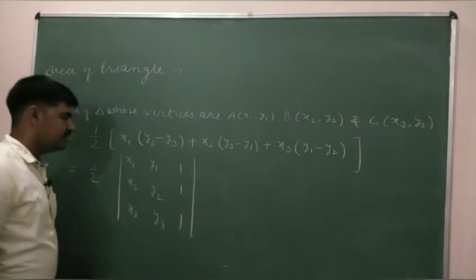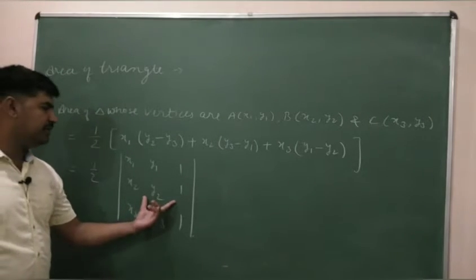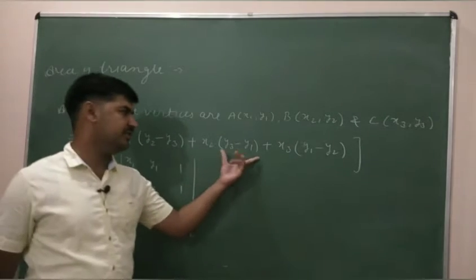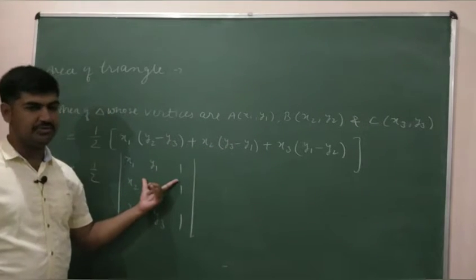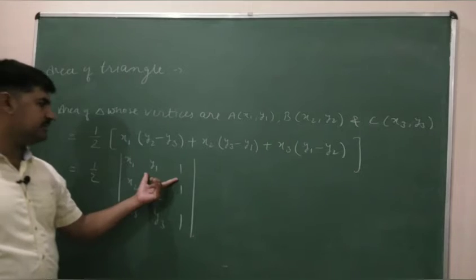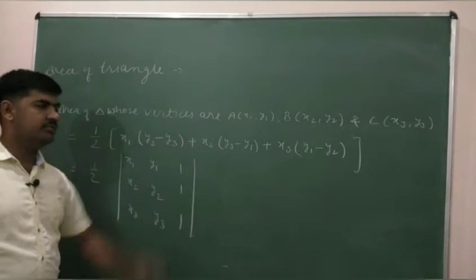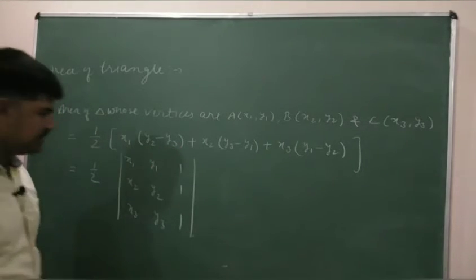The value of this particular determinant is equal to this particular expression, or this particular expression can be written as this particular determinant. If you find the value of this determinant, that is equal to this expression.